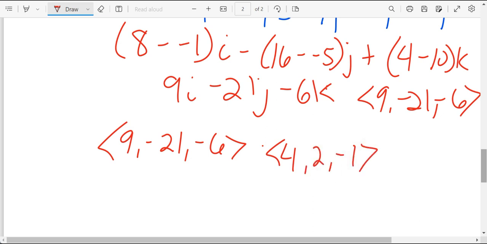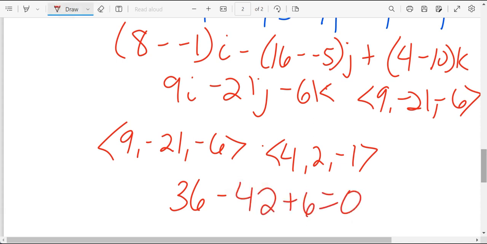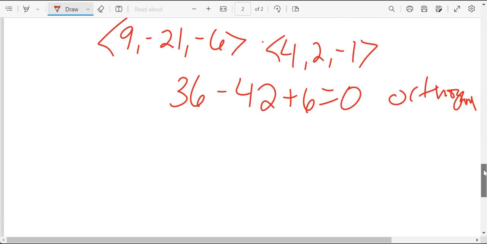If I were to do that, 4 times 9 is 36, minus 42, plus 6, is that 0? Yay, it's orthogonal. So that means the cross product we did is correct.